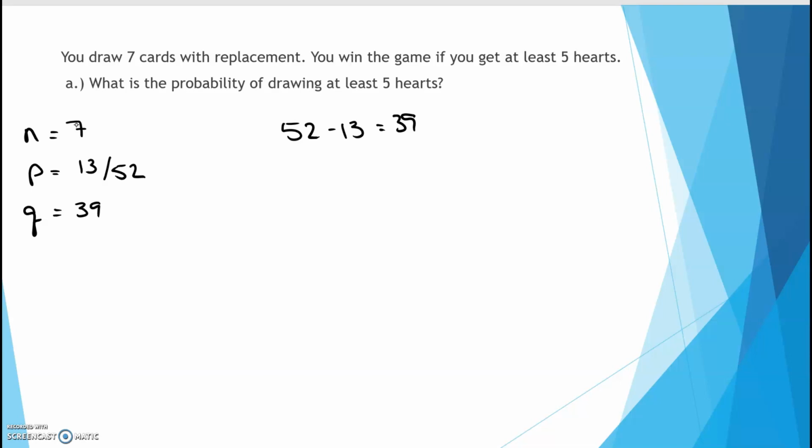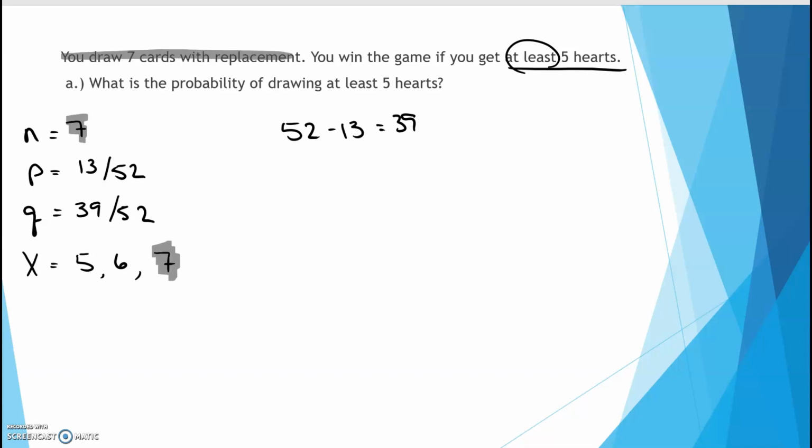So 39 out of 52 cards are not hearts. And then what are all the possible values that X could be? It says at least 5. So that could be 5 hearts, or 6 hearts, or 7 hearts. Notice that I have to stop at 7 because that is my max card. I'm only drawing 7 cards here.